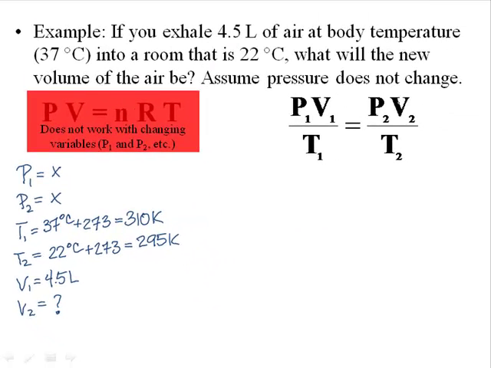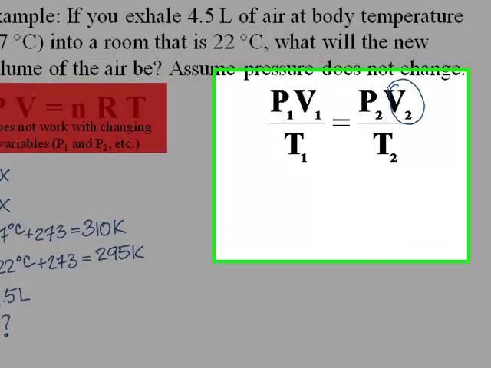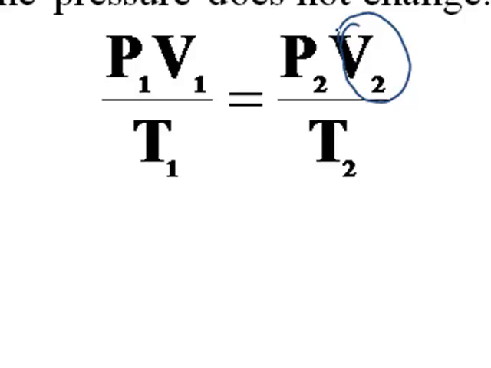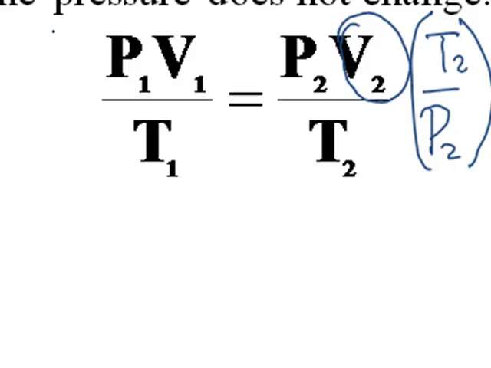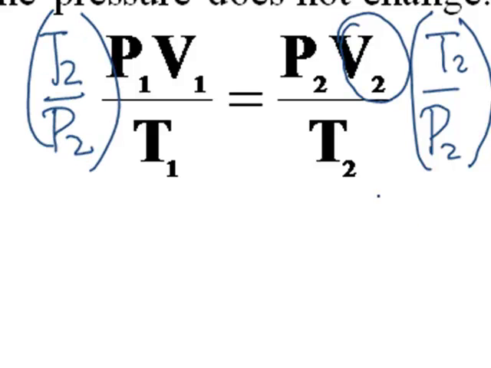My variable to isolate is V2, and if you want, you can pause the video and see if you can get V2 alone so that you can practice the algebra yourself. To isolate V2, I need to move the P2 and move the T2 to the other side. So I'm going to multiply by the inverse to make them cancel, and of course whatever I do to one side I have to do to the other.